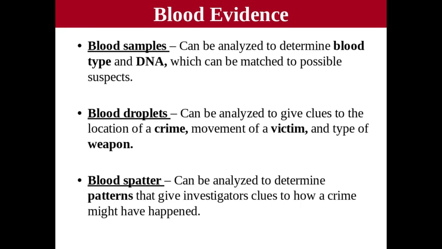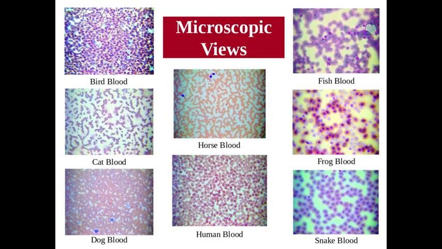It can be used to determine the patterns that give investigators clues as to how a crime might have happened. The way blood strikes a surface can leave different marks and be used for identification of maybe which way a weapon was used or how a person was moved. So when the blood is found at a crime scene and it's used for identification purposes, the first thing the CSI agent would do, is to the laboratories, is to check for species.